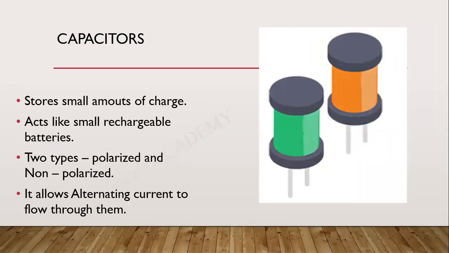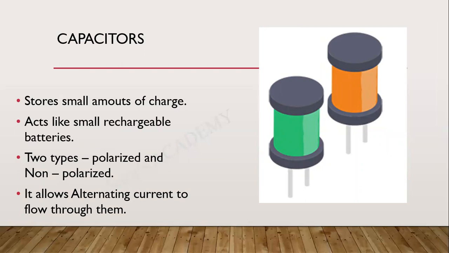The next electrical component is capacitors. Capacitors usually store small amounts of charge. Capacitors, what will they do? They store small amounts of charge, and they act like small rechargeable batteries.